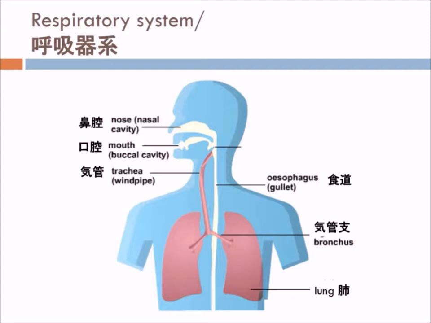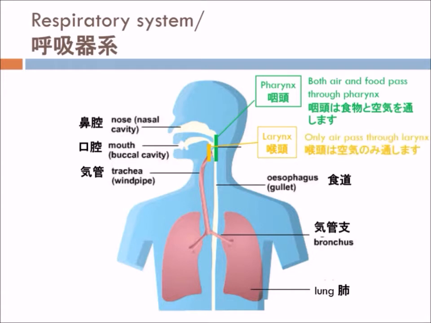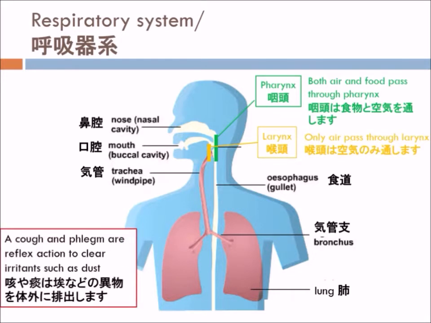The respiratory tract is the path the air takes from the nose to the lungs. Pharynx: both air and food pass through the pharynx. Larynx: only air passes through the larynx. A cough and phlegm are reflex actions to clear irritants such as dust.